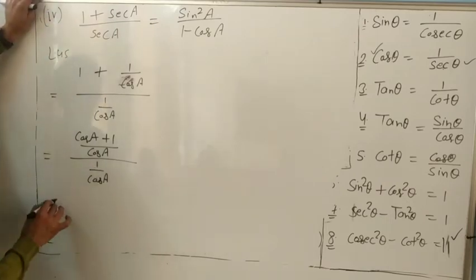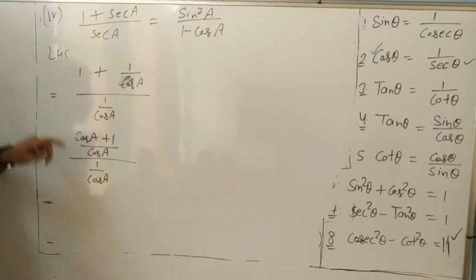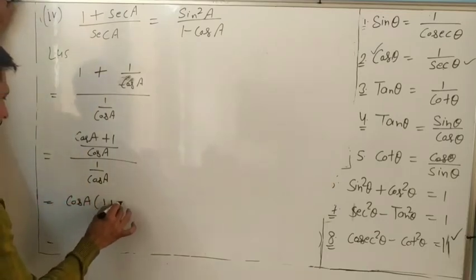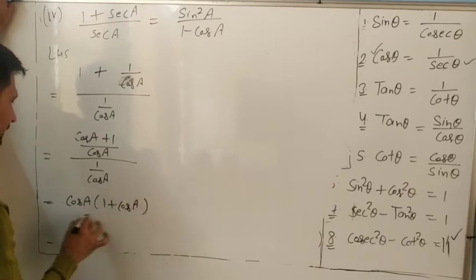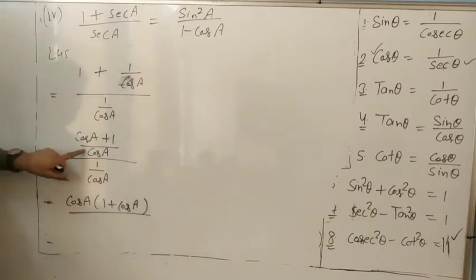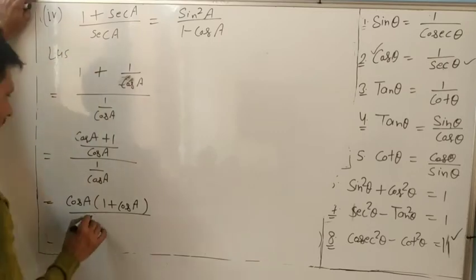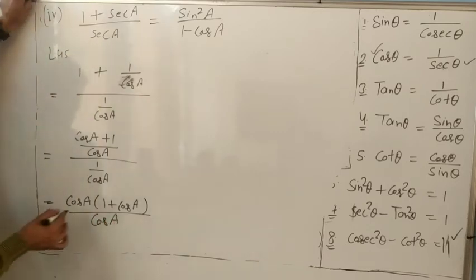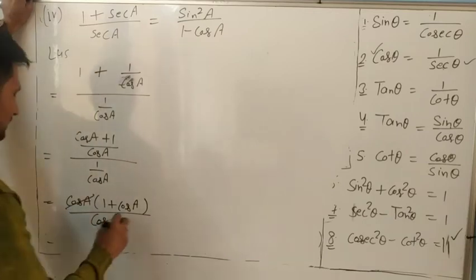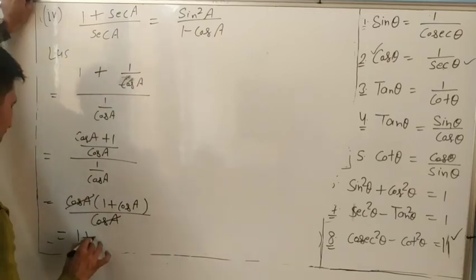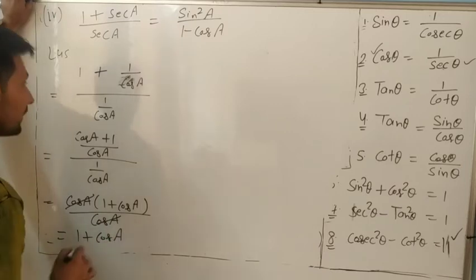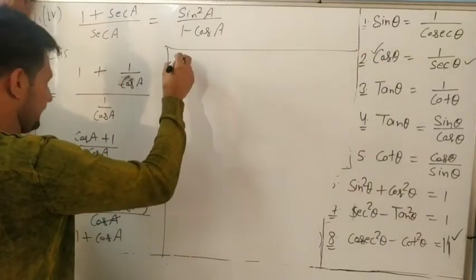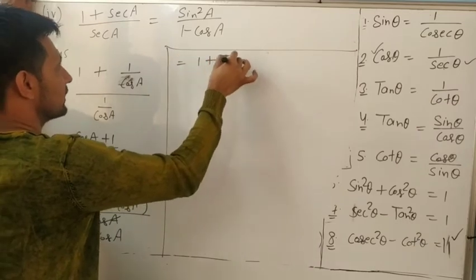Now, first and fourth: cos a into 1 plus cos a, divide second and third, it is cos a. Cancel cos a. What is our answer? 1 plus cos a. Here we have already found the answer is 1 plus cos a.